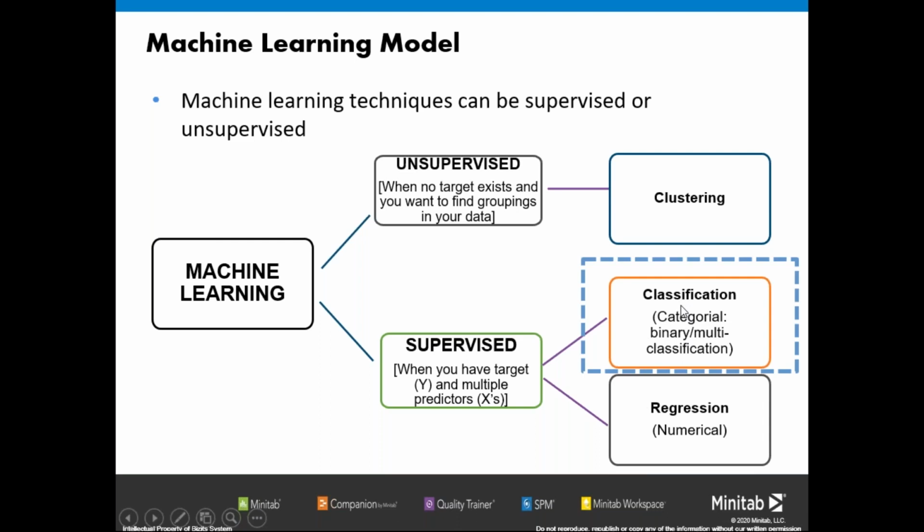Maybe our target is, let's say, accept or reject. This we call binary classification, yes or no. Or maybe we have a color, let's say green, yellow, red, black. This we call multi-classification. But let's say your Y is a measurement, let's say temperature, 37.6 degrees Celsius.